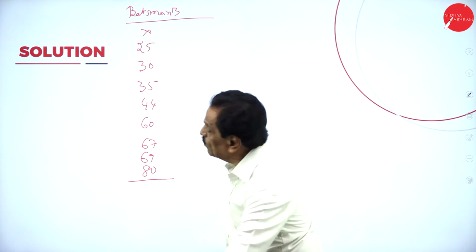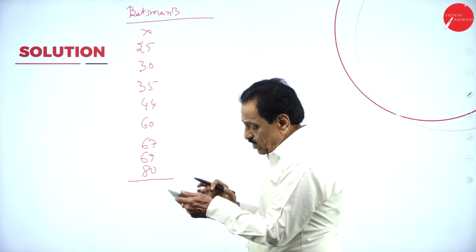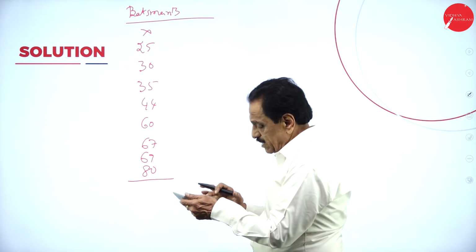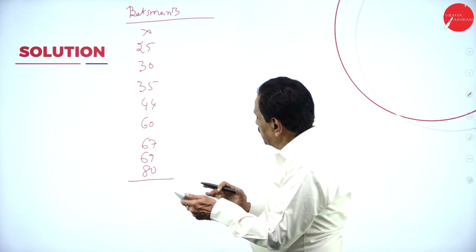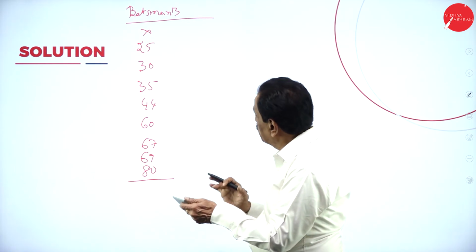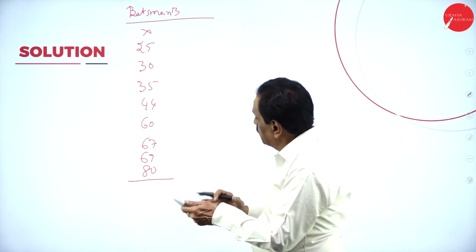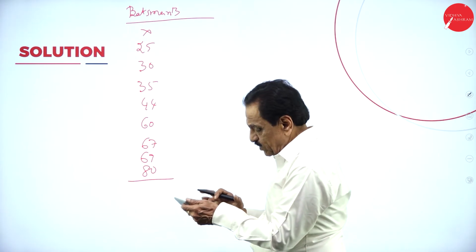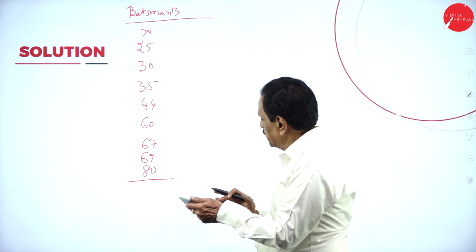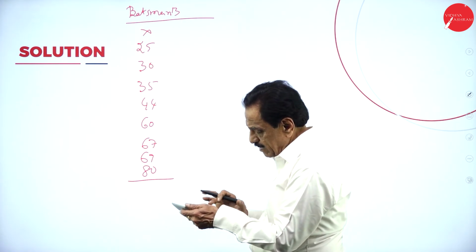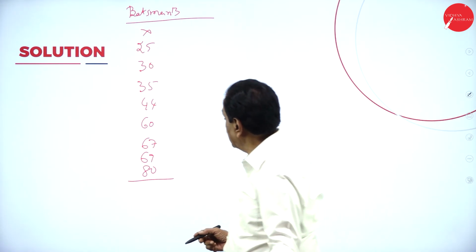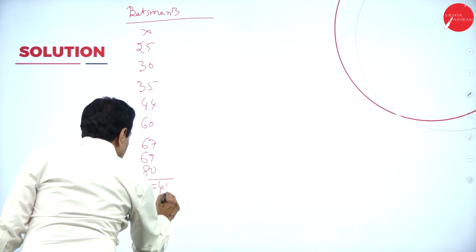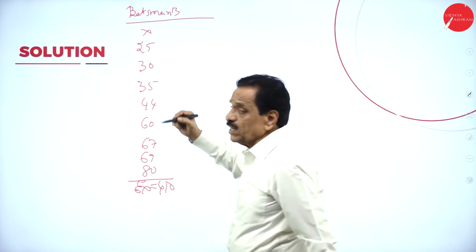What is the first step to do? Add the figures: 25 plus 30 plus 35 plus 44 plus 60 plus 67 plus 69 plus 80 is equal to 410. Sigma X is 410. Check the number manually.